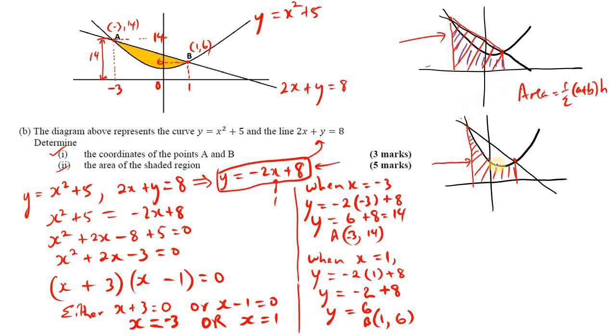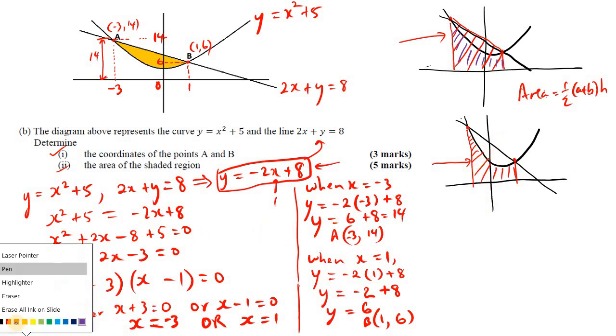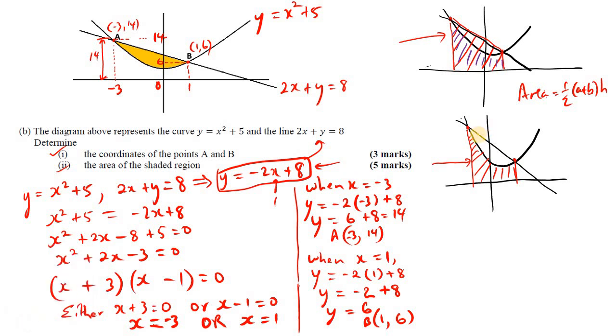It will be this portion here that's remaining. So we want to find the area of the trapezium, subtract the area under the curve, and what will remain is this yellow portion, this portion that is highlighted here in the original question.